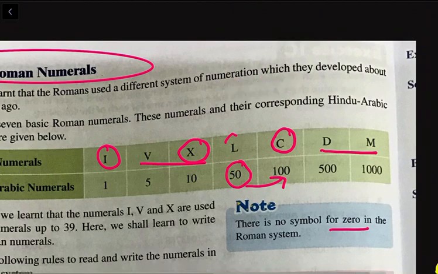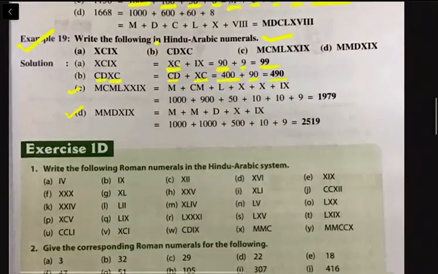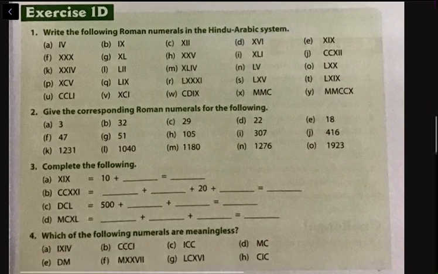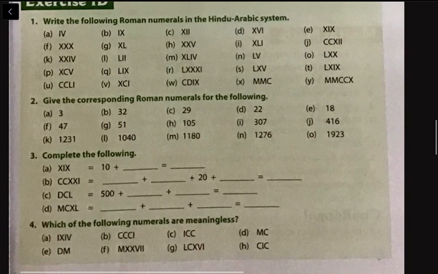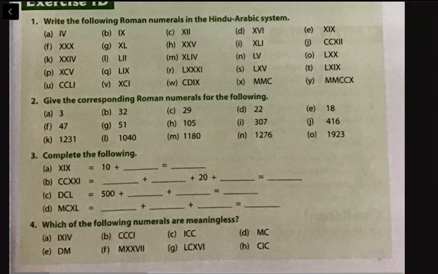Now let us do the exercise. Exercise 1D. There are a lot of questions here. I will solve some of them and you do the rest on your own. If you have any problem, ask me in the comment box.